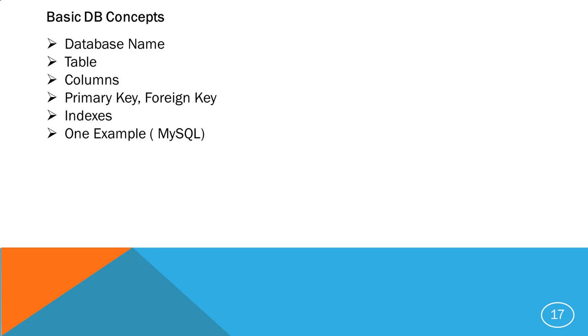Every table will have some primary key, and when you have multiple tables and want a relationship among them, you can go for a foreign key. When we create a table we can also have indexes on one or more columns, based on the need.